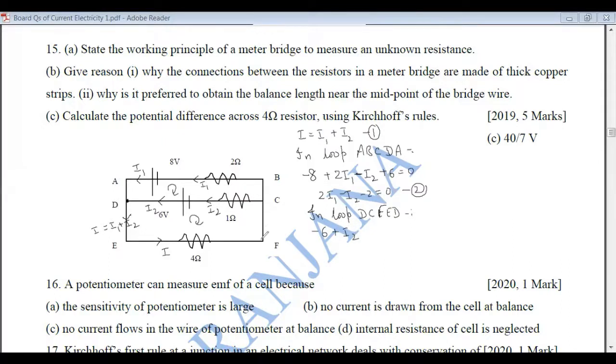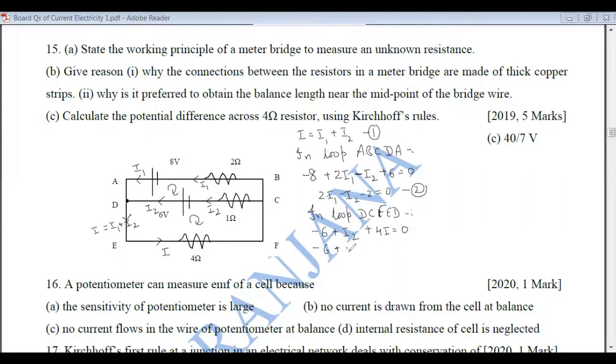Moving from C to F, no potential difference. Moving from F to E, we get the potential difference as 4 into I. Again, this is opposite to the direction of the current, so this will be taken as positive. Plus 4 into I is equal to 0.